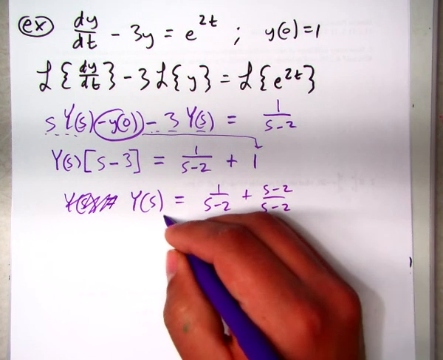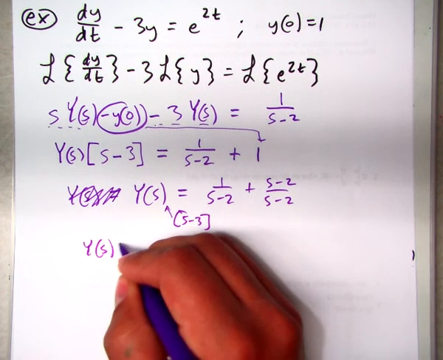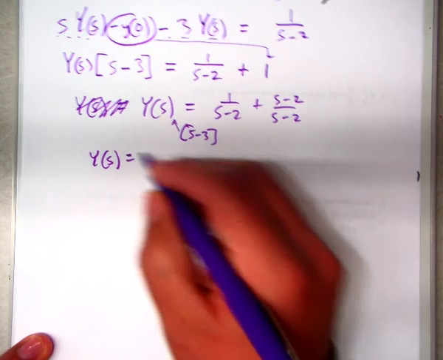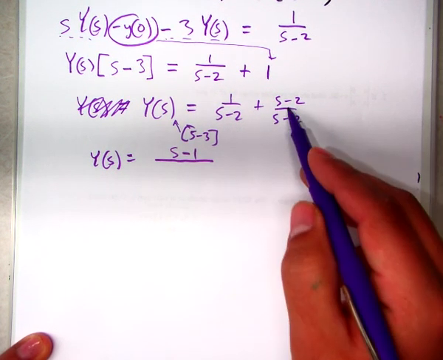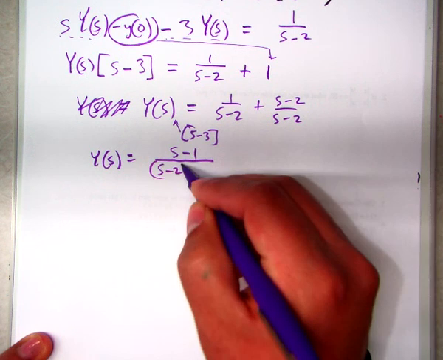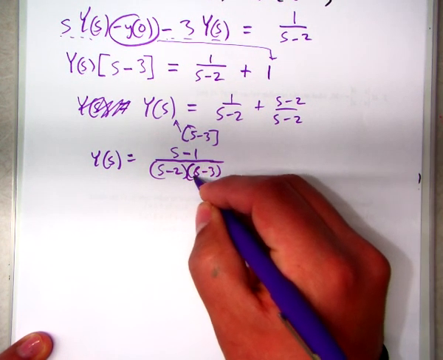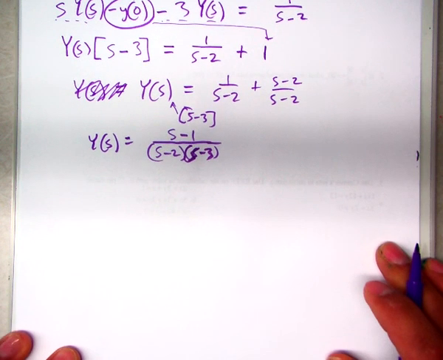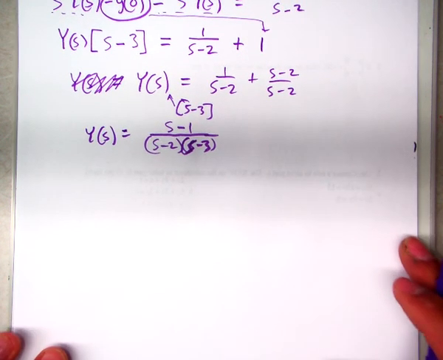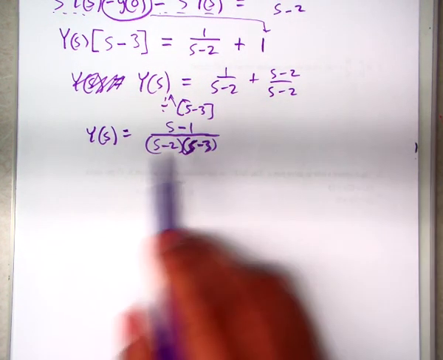I still have s minus 3 here, sorry. So I'm going to get s minus 1 over s minus 2, and then if I divide by s minus 3, I have that the transform of this differential equation looks like this. So after we divide by s minus 3, here's where we're at.